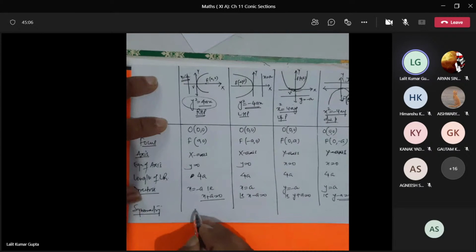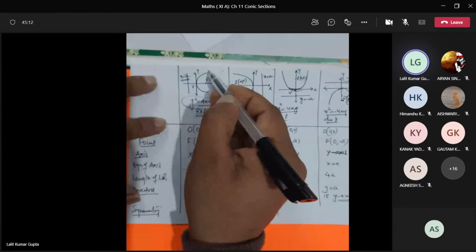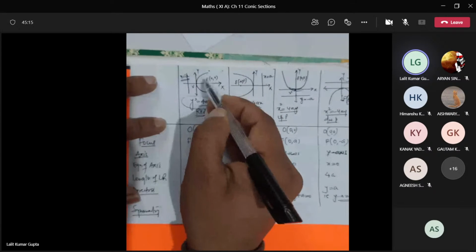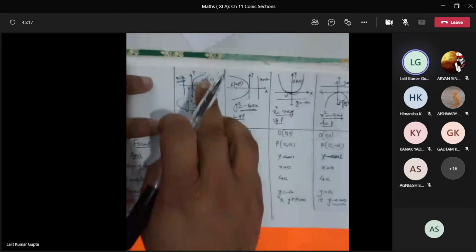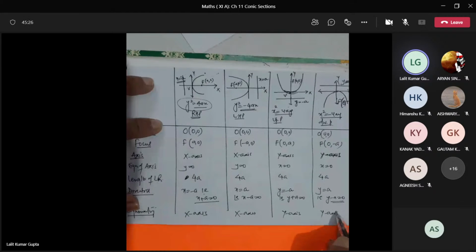So इसकी symmetry हो गई x axis. This is basically x axis के symmetrical है, यानी x axis के upside and downside making a same shape beta. This is the meaning of symmetry. Again this is x axis, and again this is y axis in this case, and this is y axis.